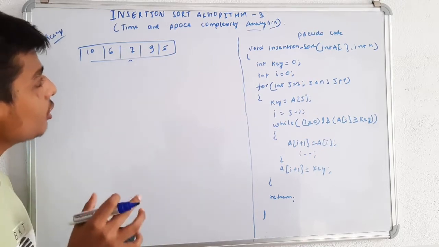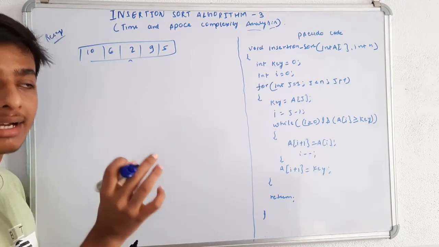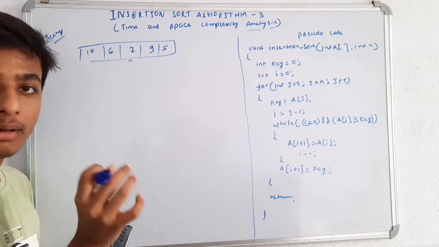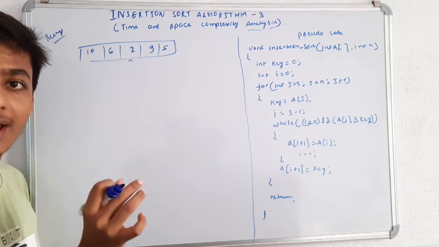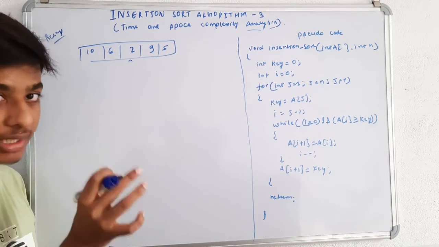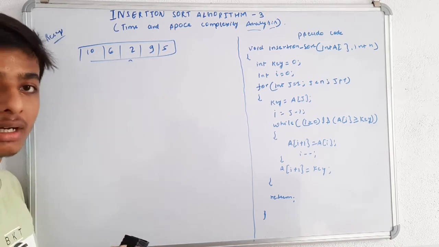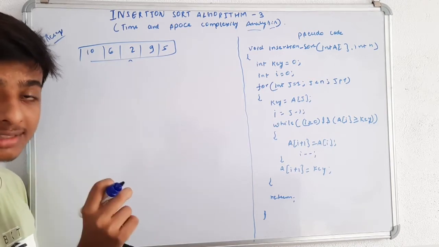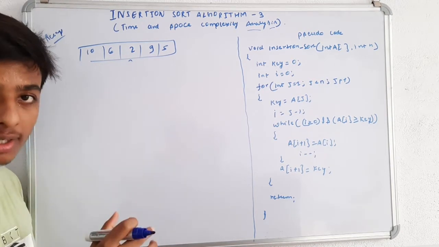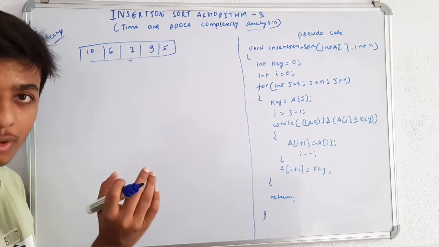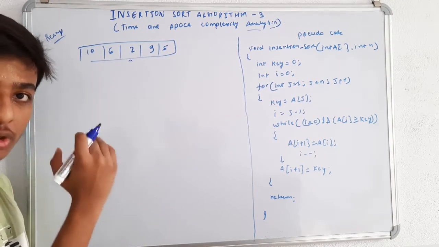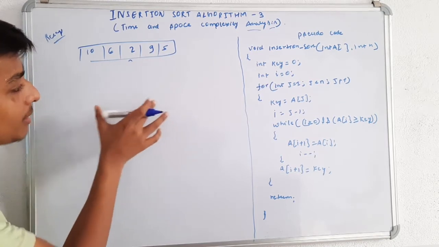The property of each subarray is this: suppose you have a subarray of size k, then the k minus 1 elements of that subarray are already sorted, but due to the last element the whole subarray is unsorted. Your task is to put the last element of the subarray at the appropriate position so that the whole subarray becomes sorted.